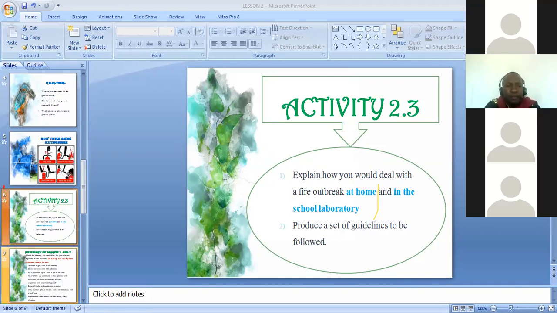Which other item instead of those two? Can we also use soil dust as something that can put off fire?